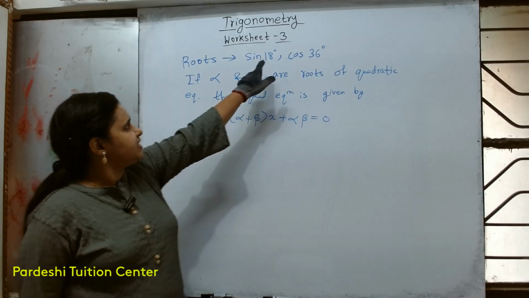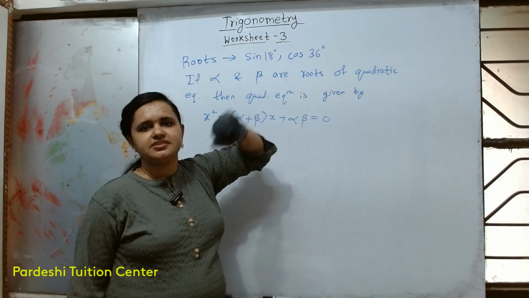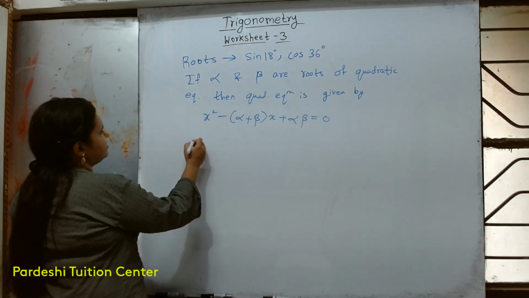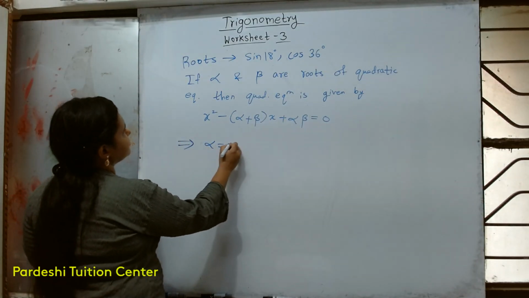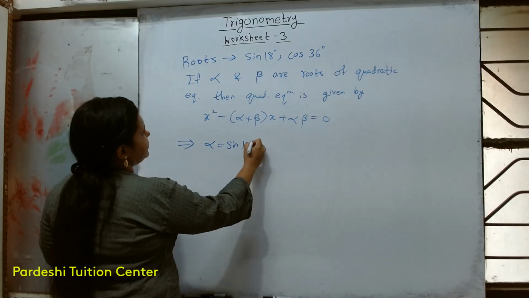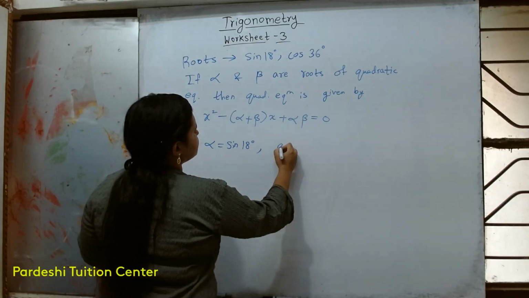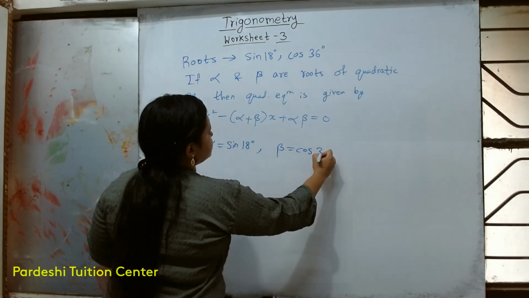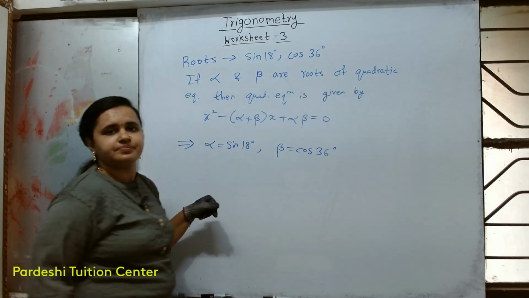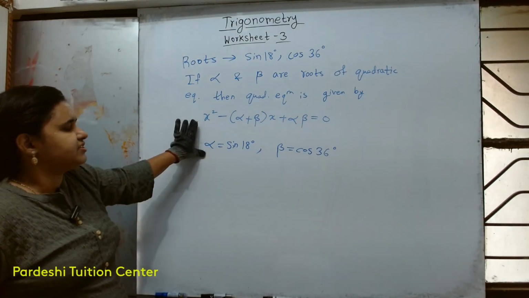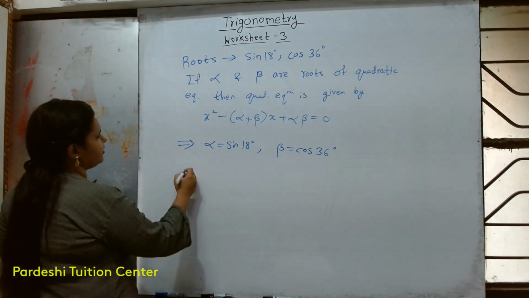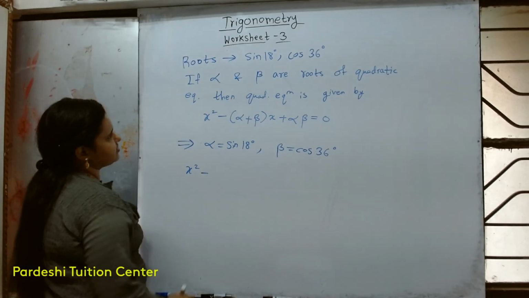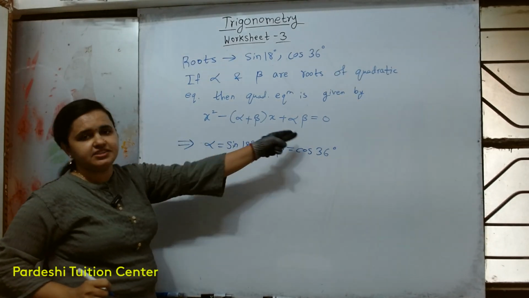If I consider this as alpha and cos 36 as beta, okay, I am considering alpha as sin 18 degree and beta as cos 36 degree. Okay. So our equation will be formed in this form.